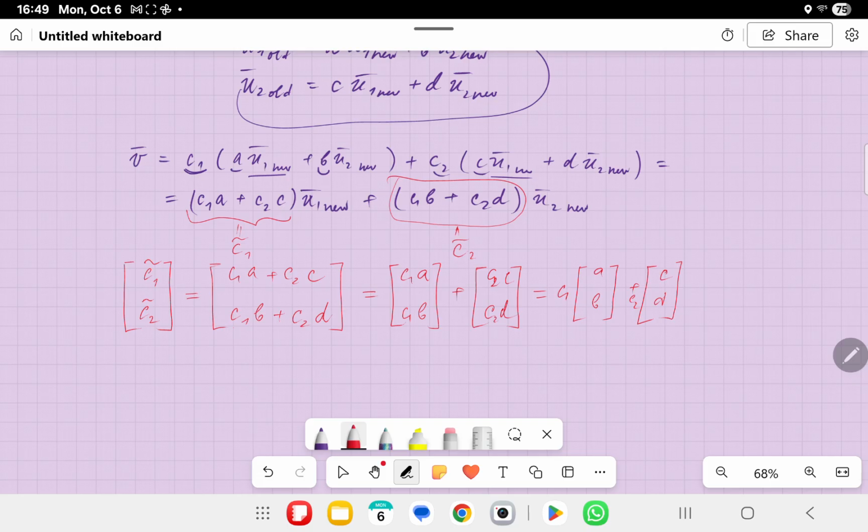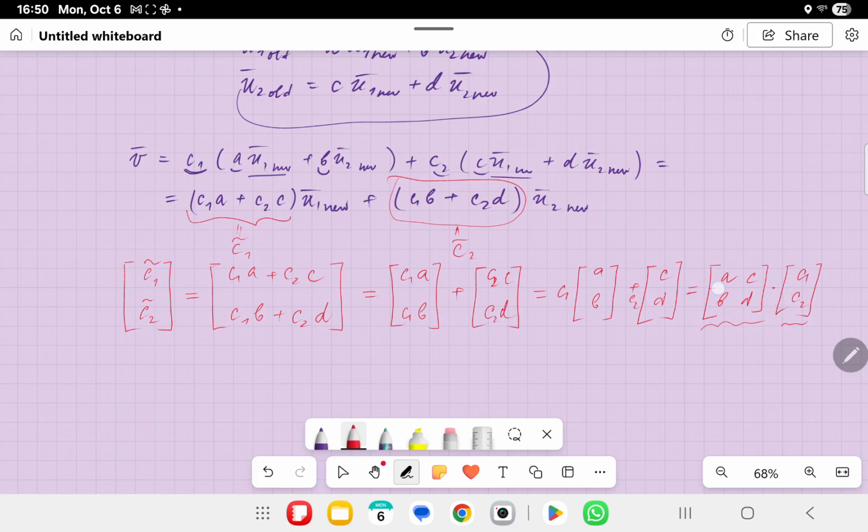Now, guys, I'm going to write it down as a product of a matrix, which is going to look like this: the matrix with A, B, C, D times the vector C1 and C2. Let's imagine that we do this multiplication, this matrix by vector.